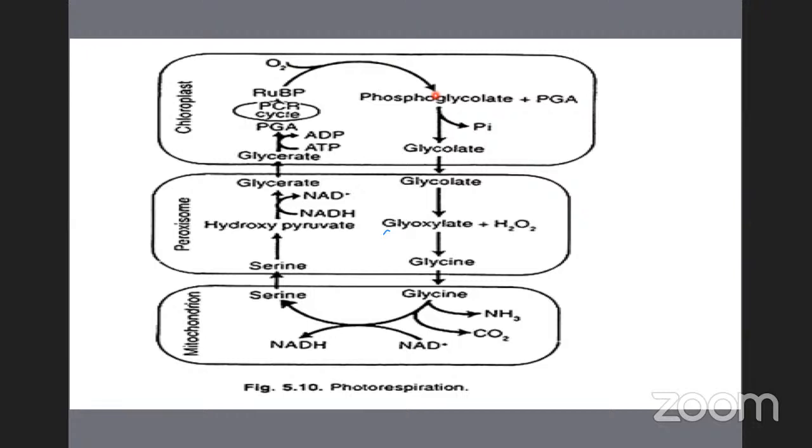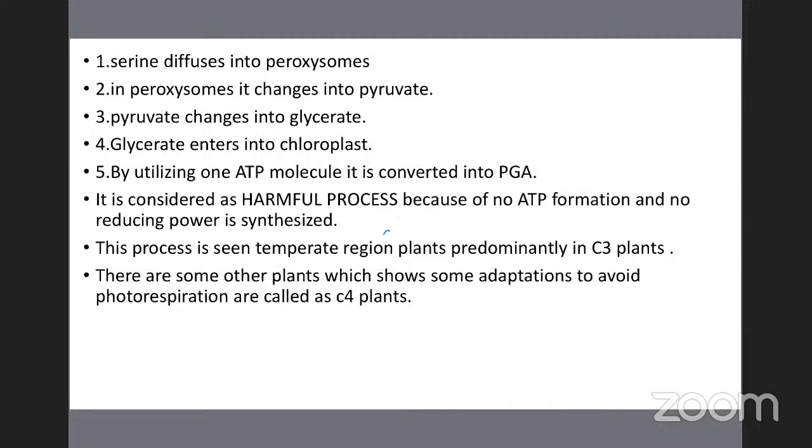Then next, this serine, whatever is formed, is diffused into peroxisomes. Yes, serine diffuses into peroxisomes. In peroxisomes, it changes into pyruvate, and pyruvate changes into glycerate, and this glycerate enters into chloroplast.